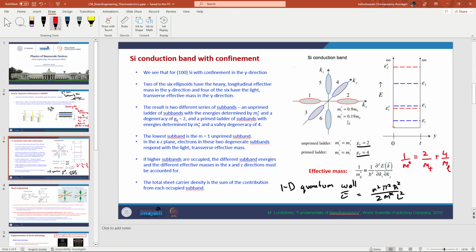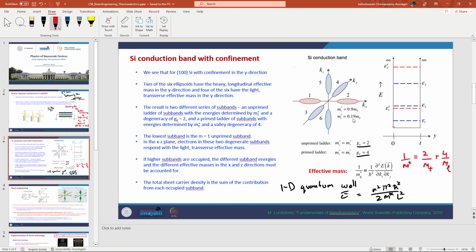And as you can see here, m transverse is much smaller than m longitudinal. m longitudinal is a very large value. So because of that, the strain here increases the curvature so much that the effective mass comes down. So this quantity becomes larger compared to the other quantity.